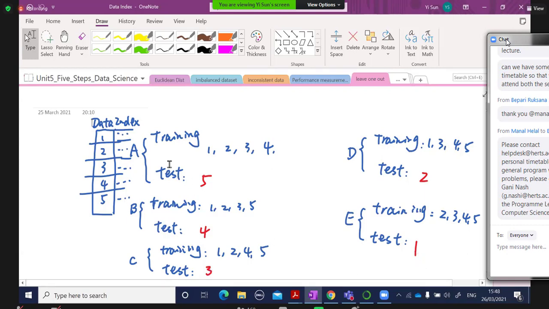Eventually, after you run all these 5 times, the performance is measured as the mean performance over all these 5 test points. So it is called leave one out. It works for a very small data set when we cannot afford to divide our data set into 3 parts.